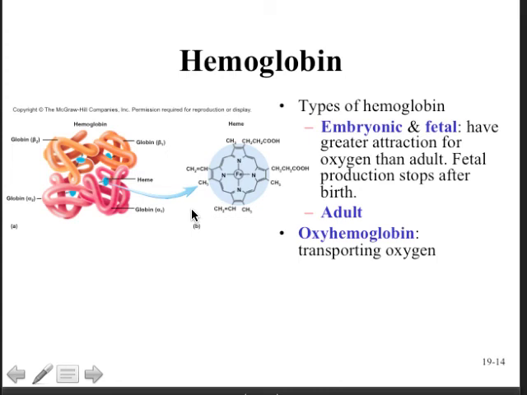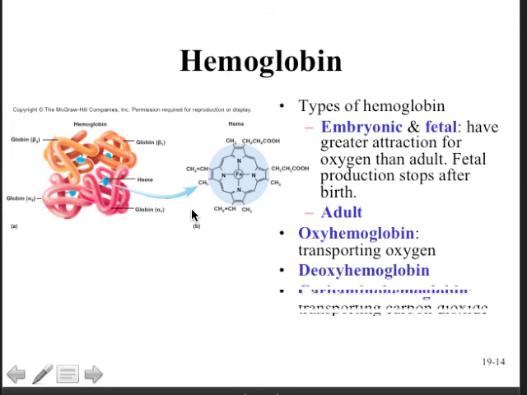Okay, so you've got the embryonic hemoglobin, you've got the adult hemoglobin. Hemoglobin is termed oxyhemoglobin when it's saturated with oxygen, and it's termed deoxyhemoglobin when it is bound primarily to carbon dioxide. And remember, I told you guys that the oxygen and the carbon dioxide sort of fight for space on the hemoglobin molecule. It's an allosteric interaction, however.